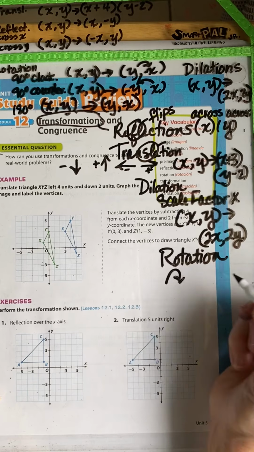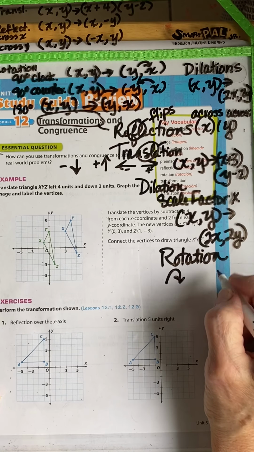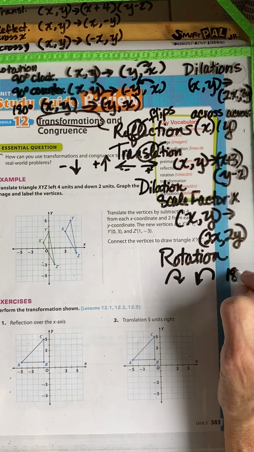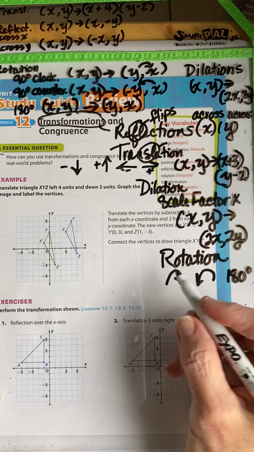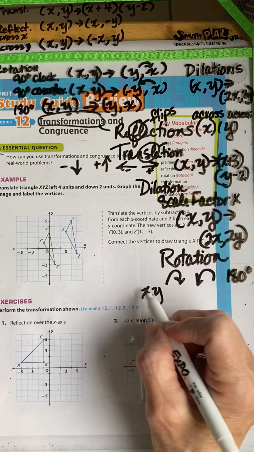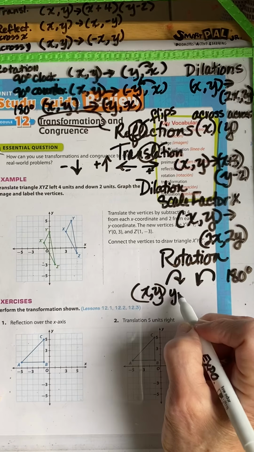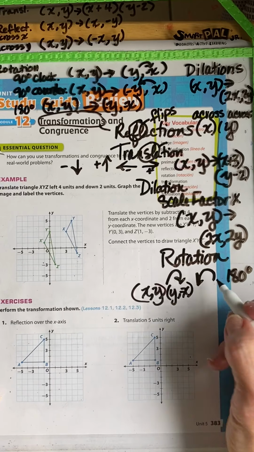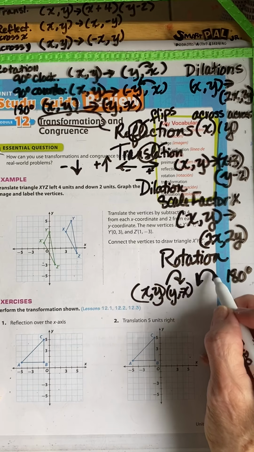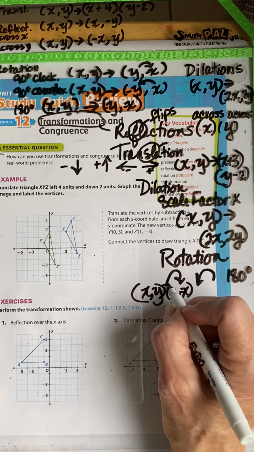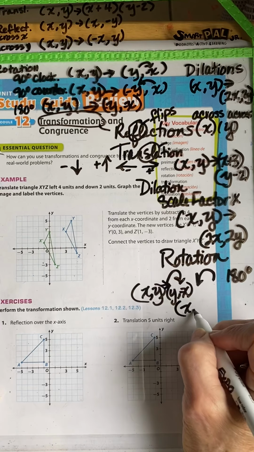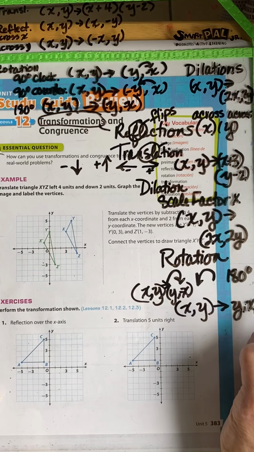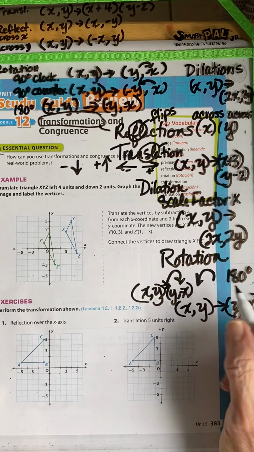Rotation, we know it could go clockwise, 90 clockwise. It could go 90 counterclockwise, or it could go 180. All right, we know that for clockwise, (X, Y) switches places to (Y, X), and which one becomes negative? This one. For counterclockwise, (X, Y) switches places, (Y, X), and which one becomes negative?